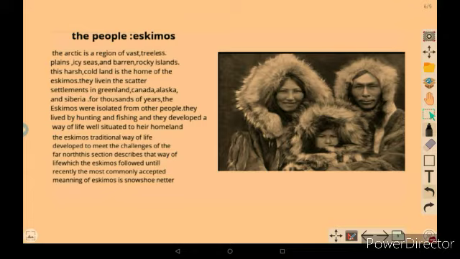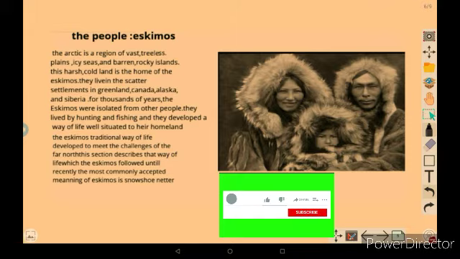Harsh means, if a teacher beats us, how will we think? Harsh means rude. So the cold land is the home of the Eskimos. What is the home of the Eskimos? The tundra region as well.